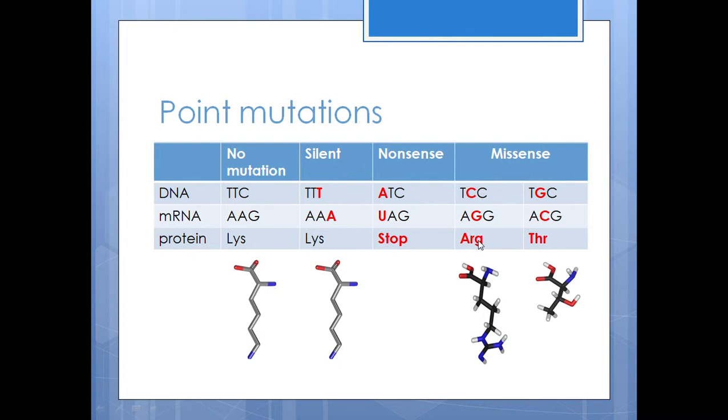Instead of lysine, we've got arginine, which has different structure, so obviously this amino acid instead of this lysine will result in a changed shape of a protein and a different function. Similarly, if this letter in DNA would be changed into G, the codon will be changed into ACG, and the resulting amino acid threonine also has different shape than lysine and a different function.